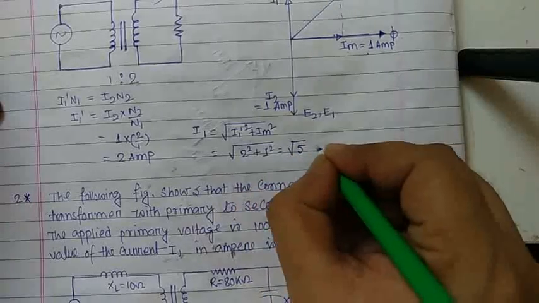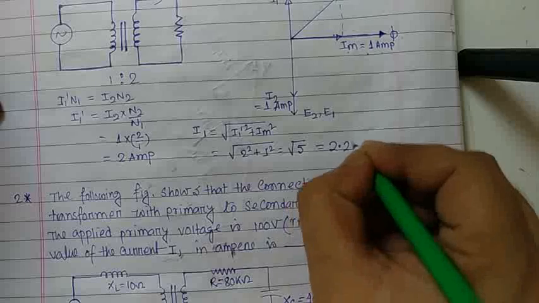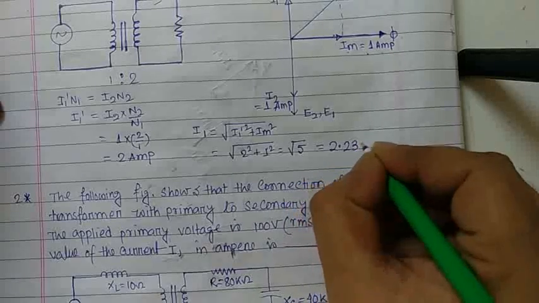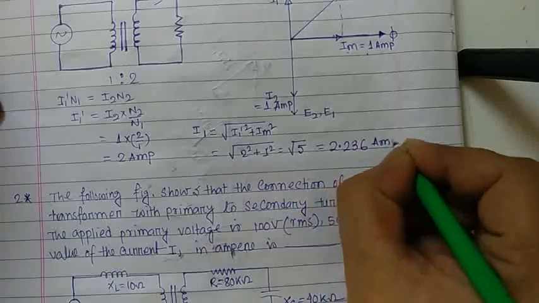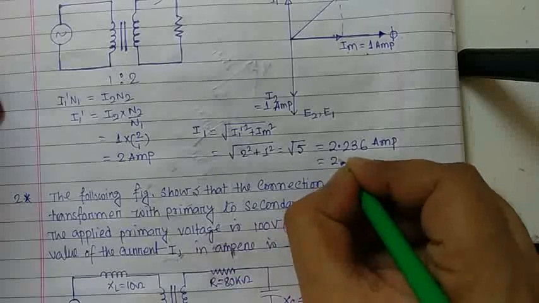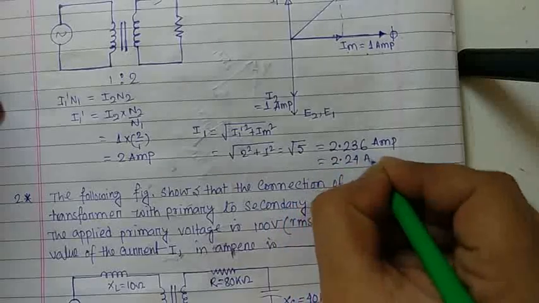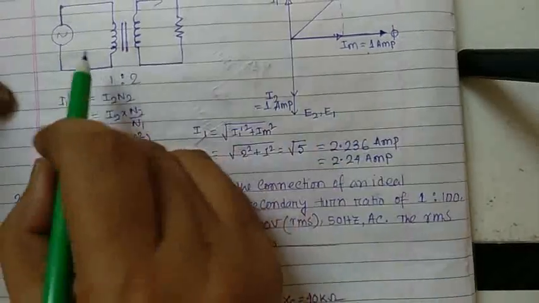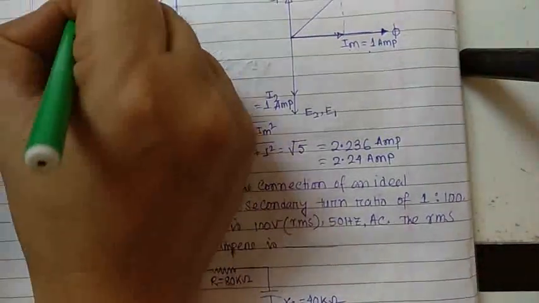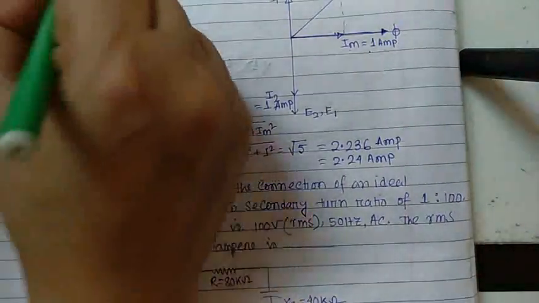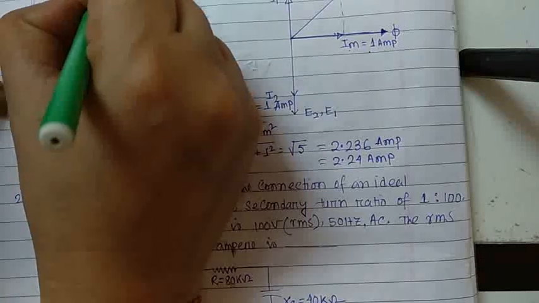The value is 2.236 amp or 2.24 amps. So the primary current is 2.24 amps.